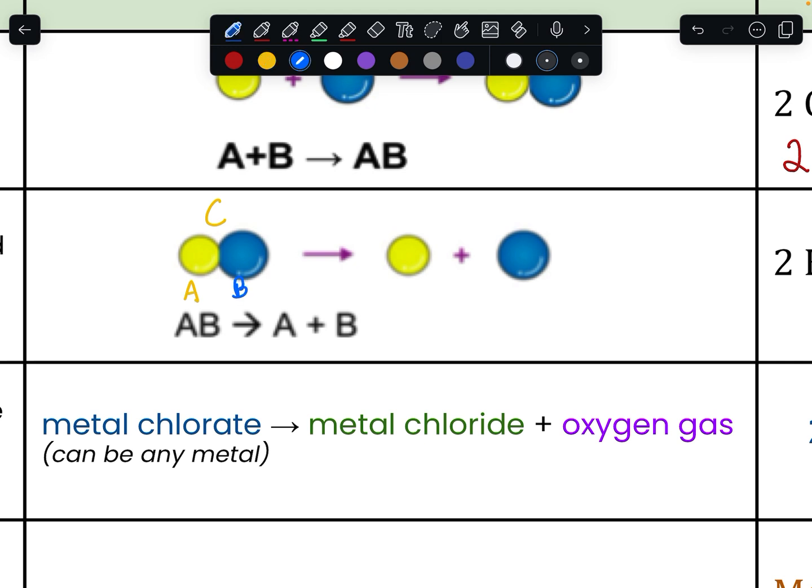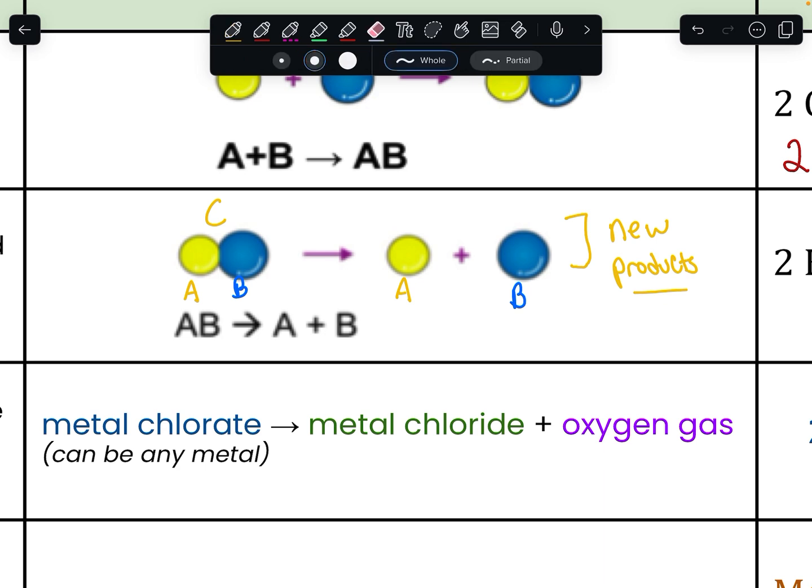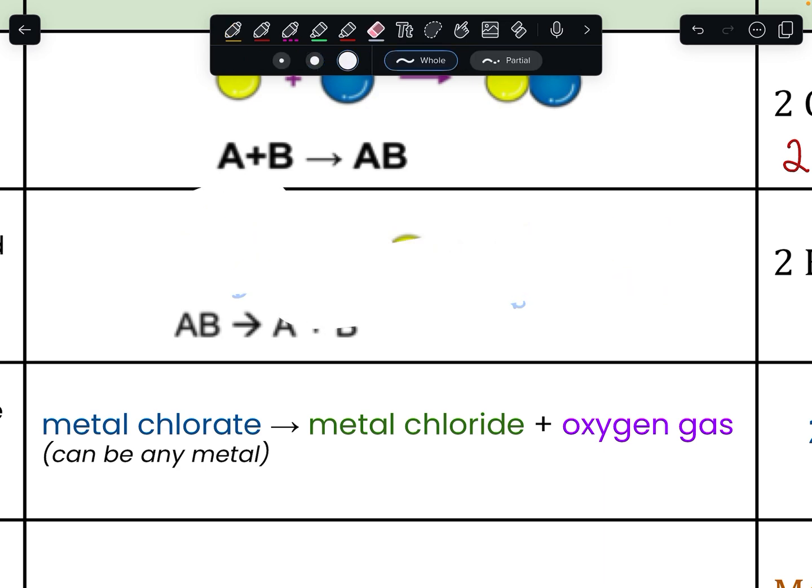An example of how a chemical reaction could work is if we take compound AB and split it apart into its individual atom components, A and B. These are the new products that we make. Okay, so that is how chemistry works. It doesn't work by changing an atom's identity, doing something like alchemy. It works by taking what's already there and making alterations as needed to the combinations and how we build them.